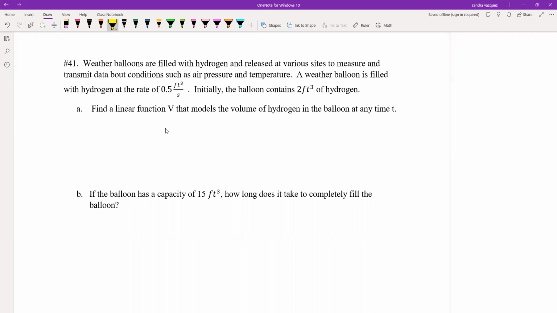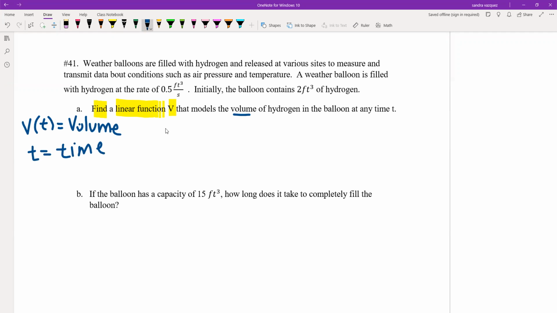They're asking for several things, but they want me to find a linear function and write it down in terms of V. V stands for the volume, I know because they told me here, and t has to be the time.